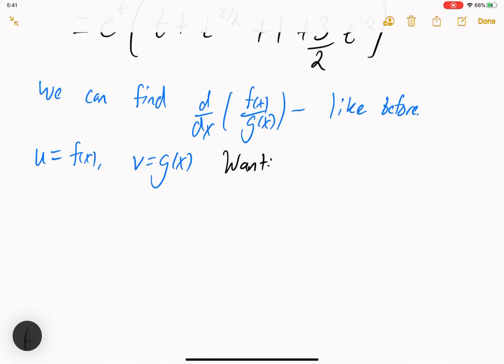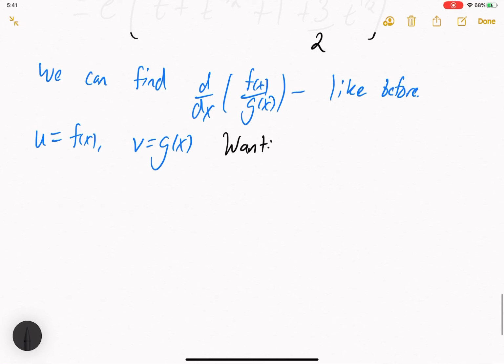What are you trying to show? So what you want is to find the limit as delta x goes to 0 of the change in the ratio of u and v, divided by delta x, because this will be equal to d of dx of u divided by v.